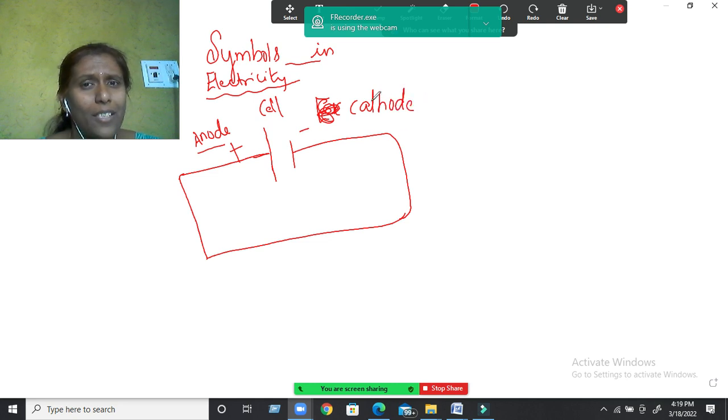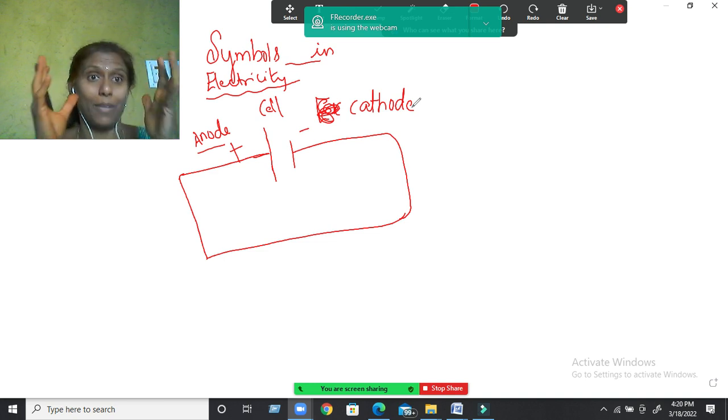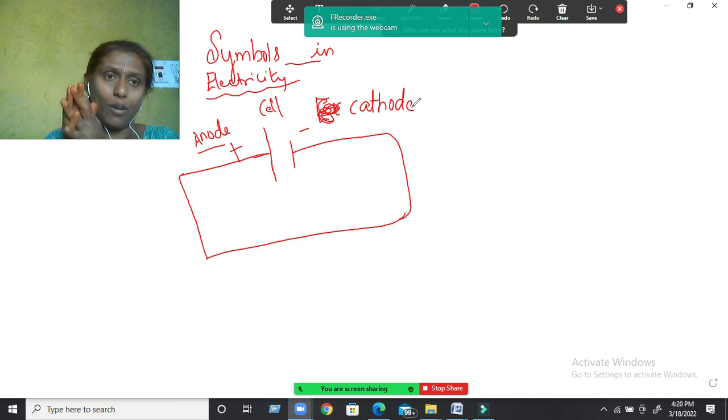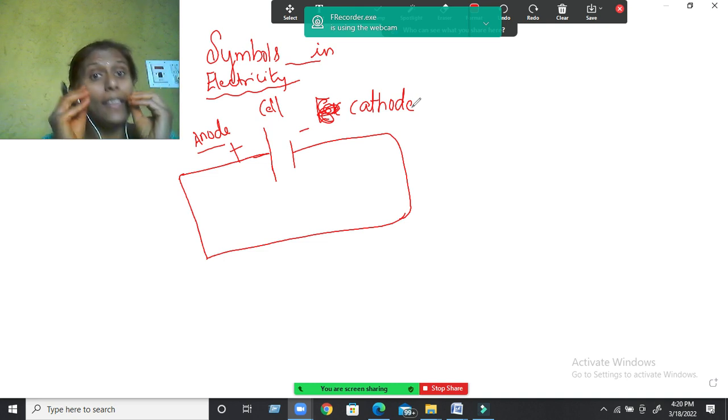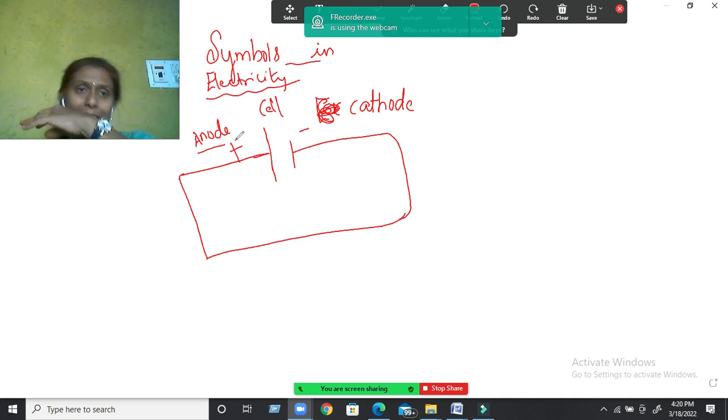Any idea as to why we call this side anode and the other side cathode? When we say anode is plus, it has an excess of electrons. When it has something in excess, it is always plus. So, it is ready to donate the electrons.